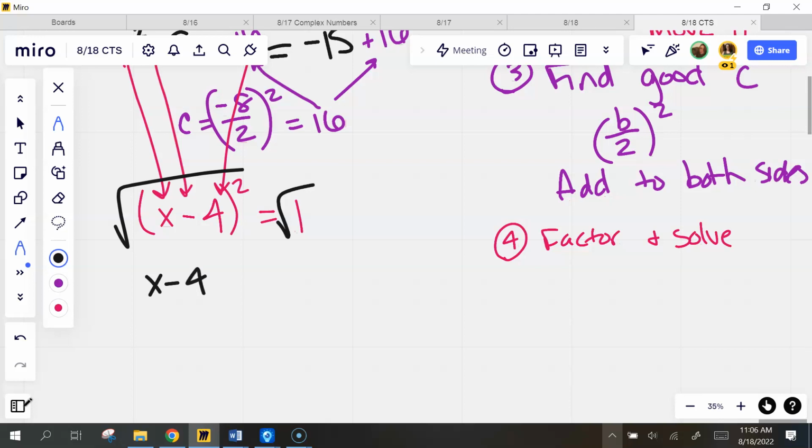What's the square root of 1? 4 plus or minus. That's right. Plus or minus 1. Now I move the 4. 4 plus or minus 1 means one solution is 5. The other solution is 3. 4 plus 1 or 4 minus 1?